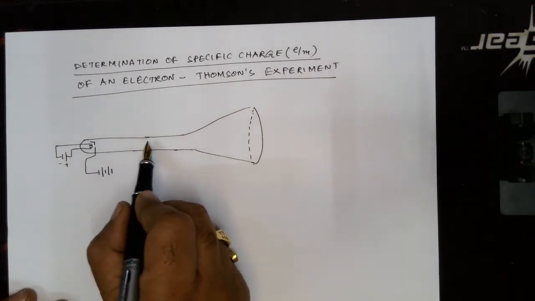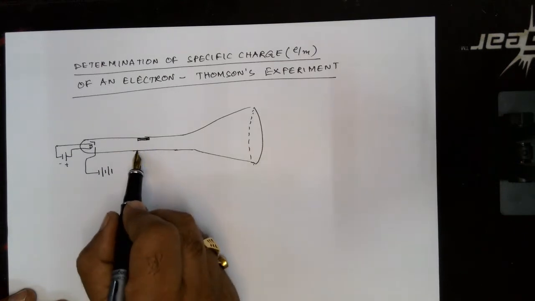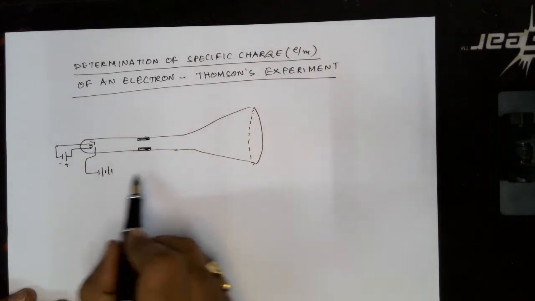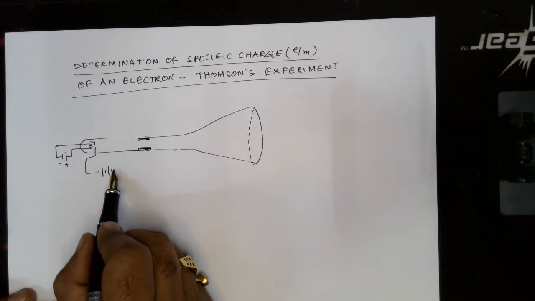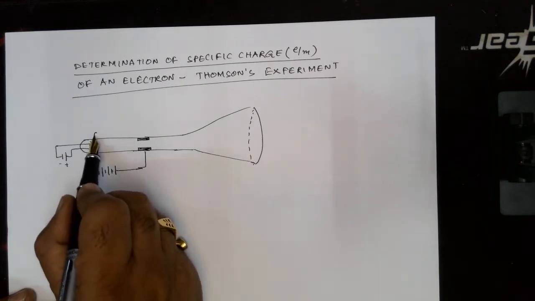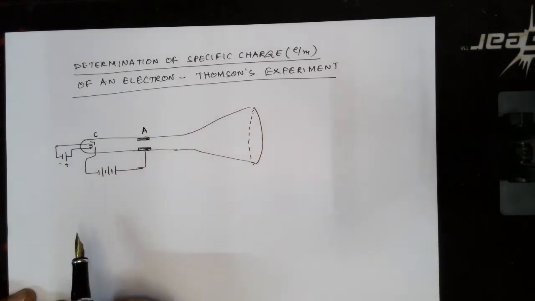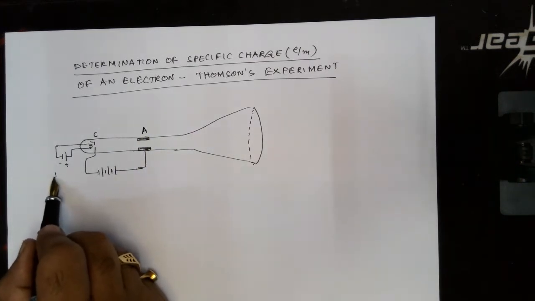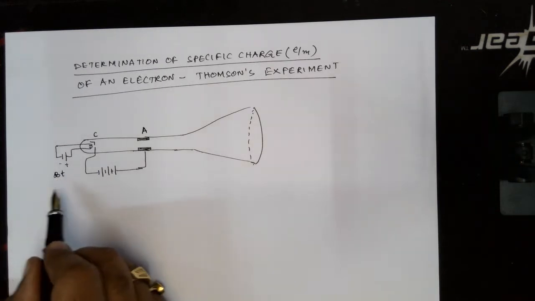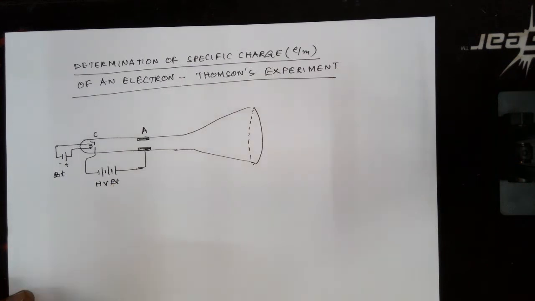and here an anode plate is kept. This is the cathode, this is the anode, and this is a very small battery, and this is the high voltage battery.